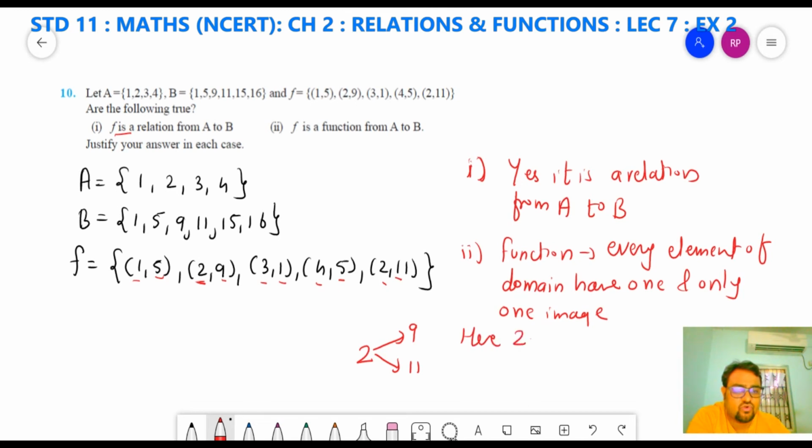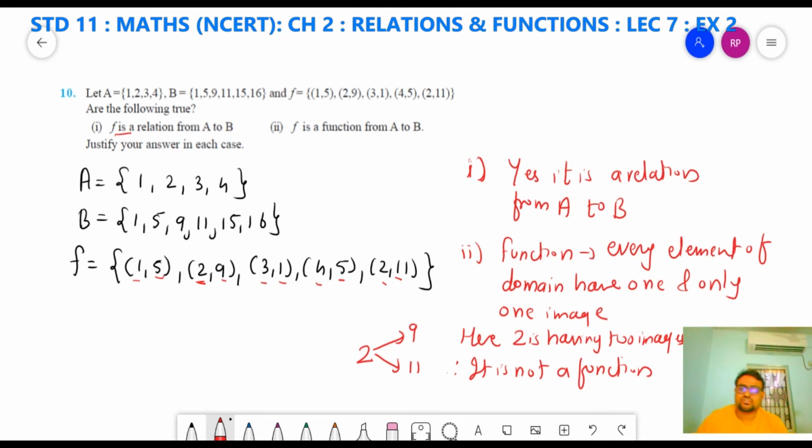Here 2 is having two images. Therefore, it is not a function, right?